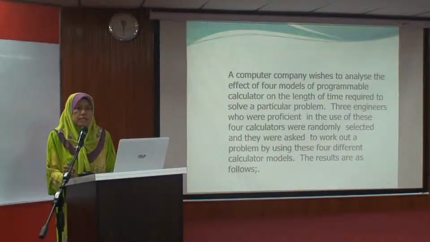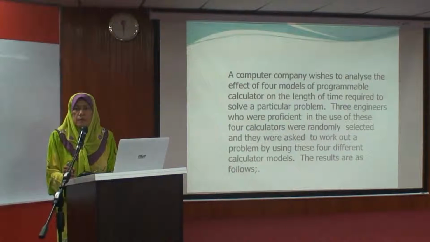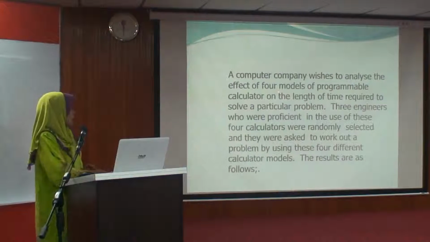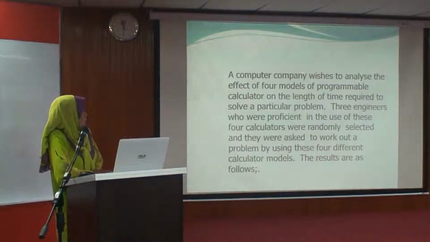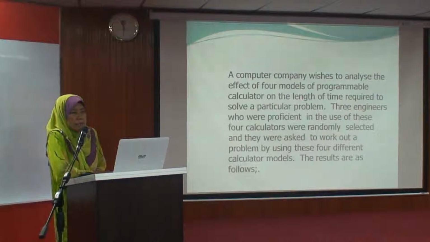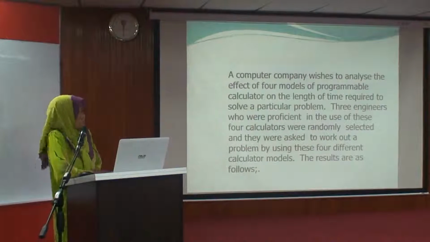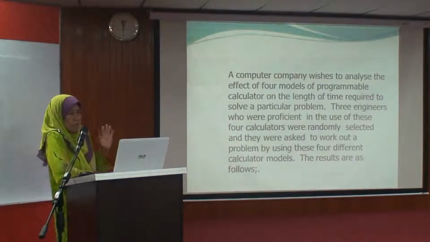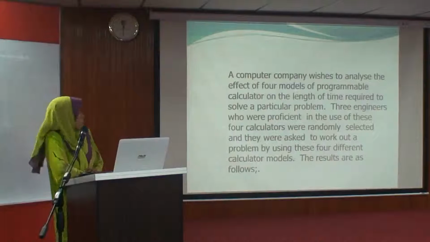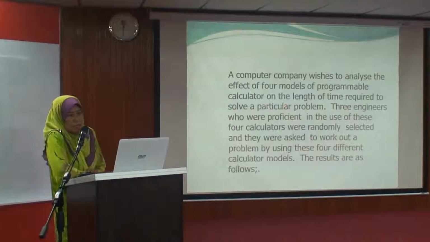So he doesn't want to generalize to all models of calculators, even though they are not considered in the analysis. If we want to conclude only on these 4 models, and the 4 models of calculators are the treatment, then this will be the fixed effect model. Okay, and once you look, you know that the treatment is the 4 models of calculators.